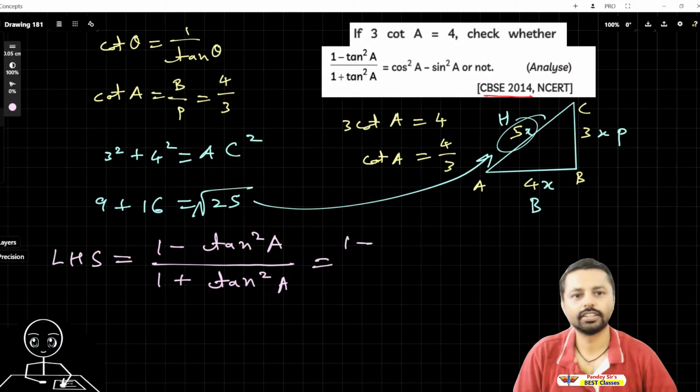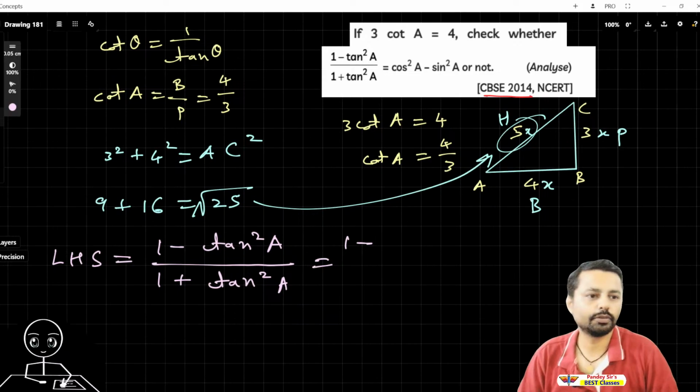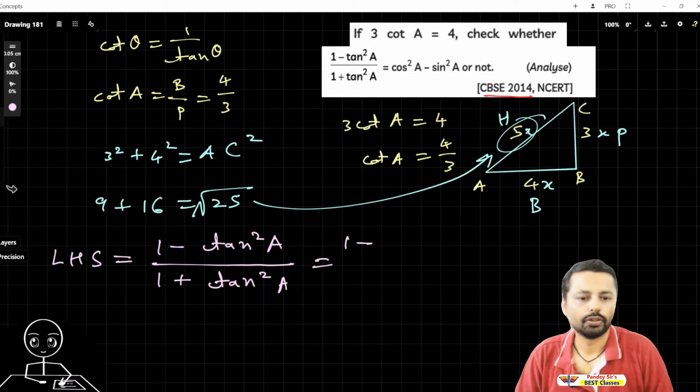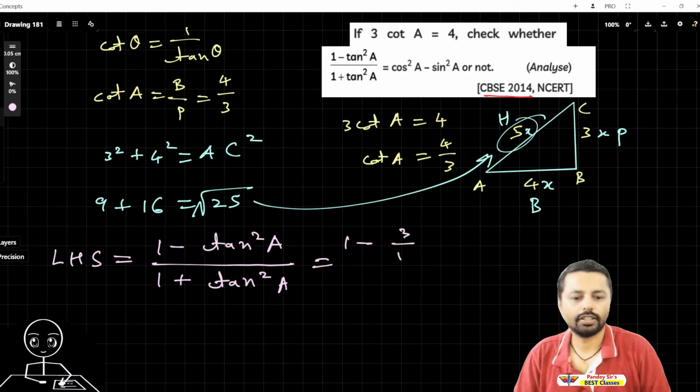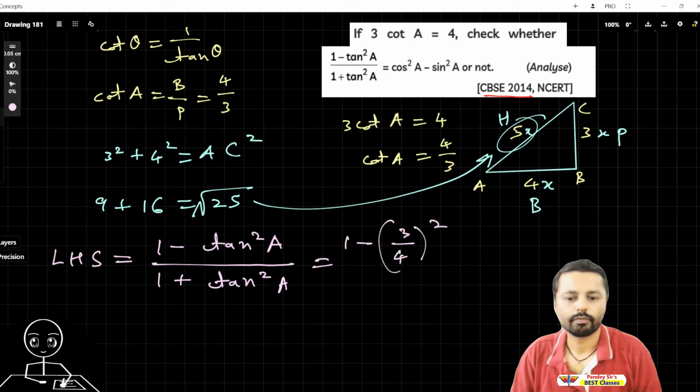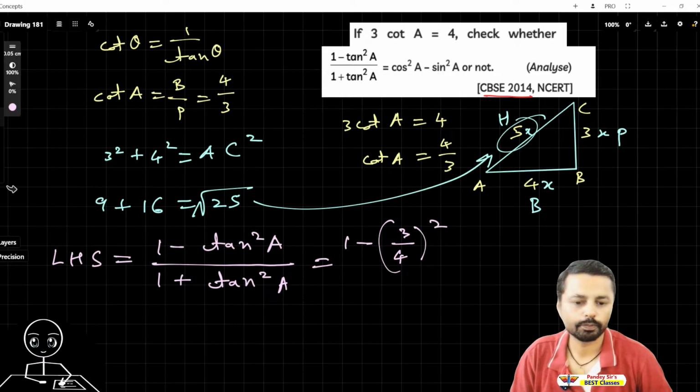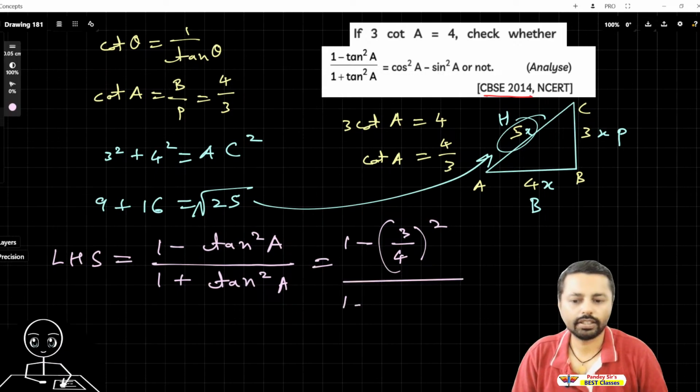P is perpendicular, that is 3, and B is 4, so tan A is 3 by 4, whole square.